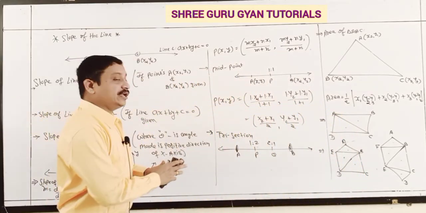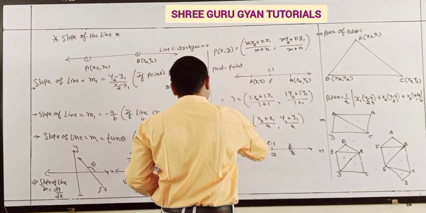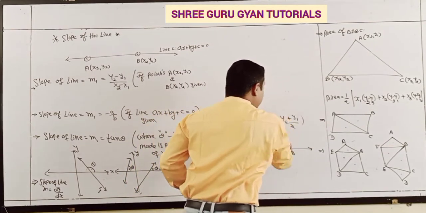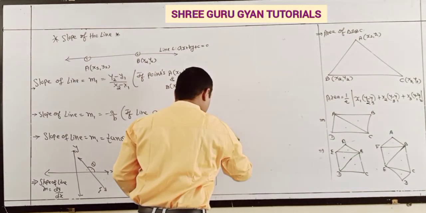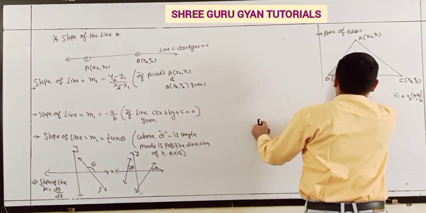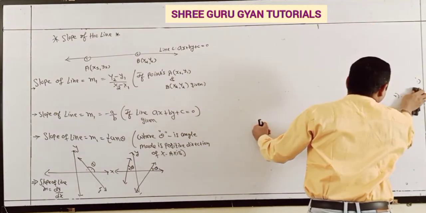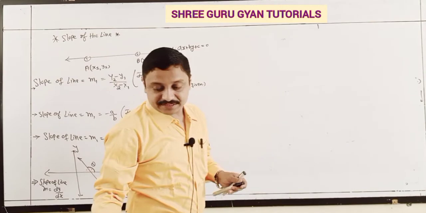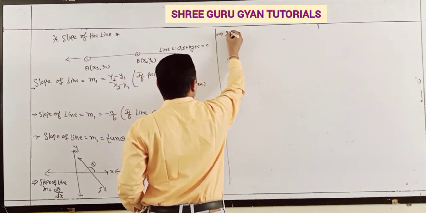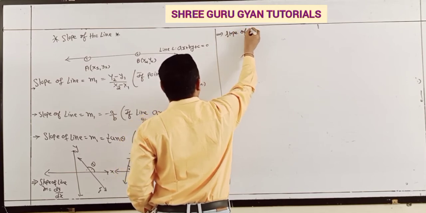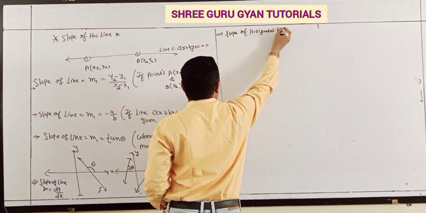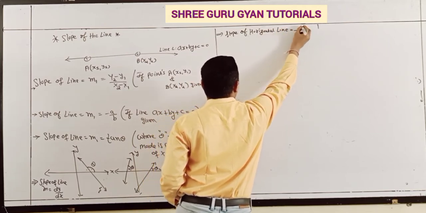Now I am going to go one more deeply into some points. If a line is given as vertical or horizontal, then what kind of slope does it have? That is also very easy. Yes. Next point, continue. The slope of a horizontal line is always 0.